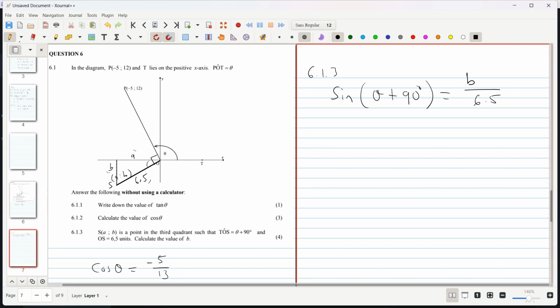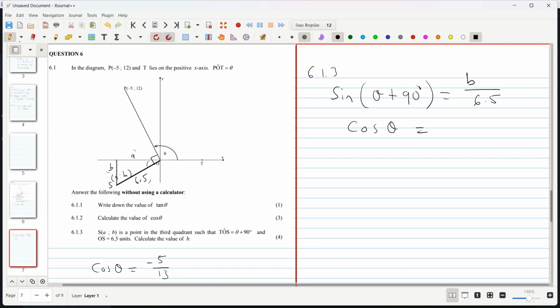We need to take note that sine of theta plus 90 is a co-function of cos. Cos will be positive, because sine is in the second quadrant. So this will be the same as cos theta.